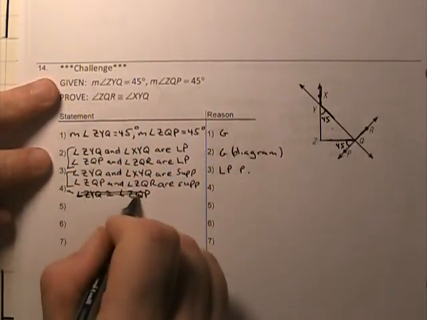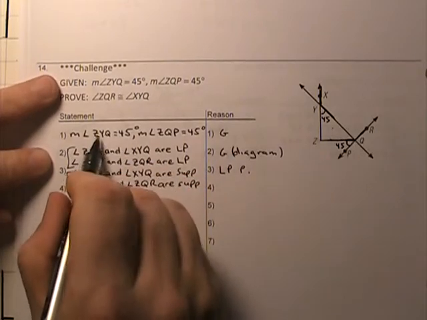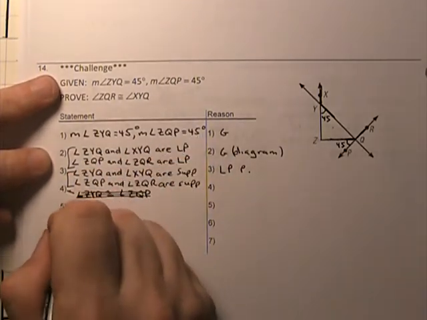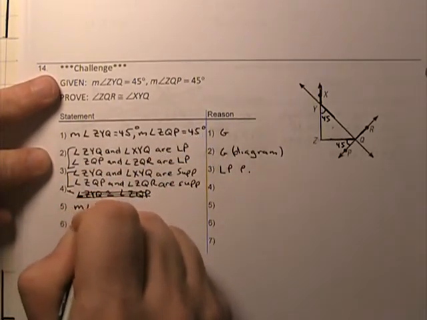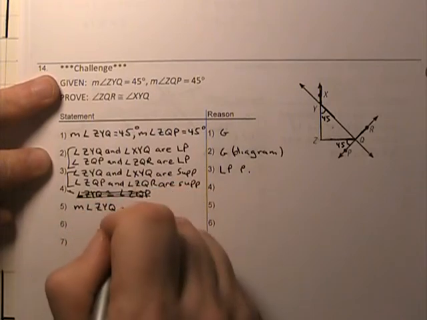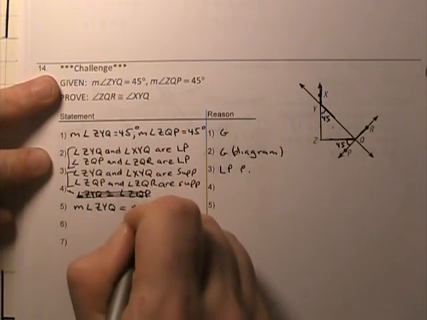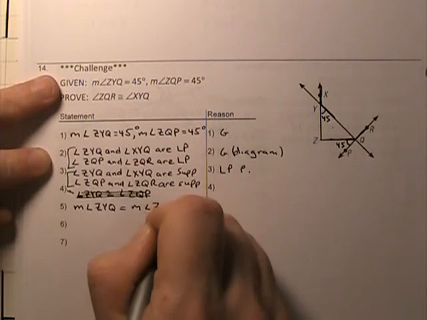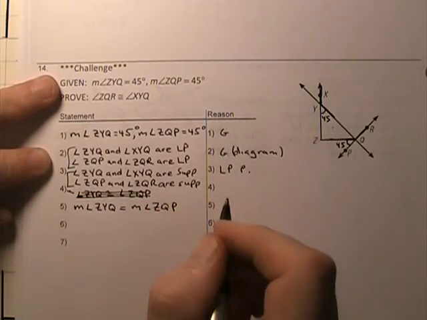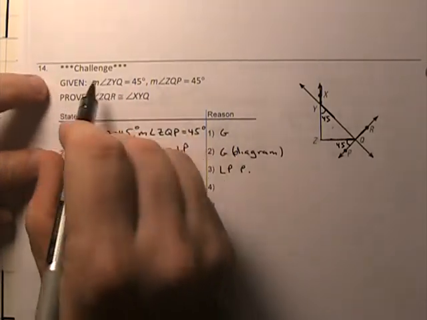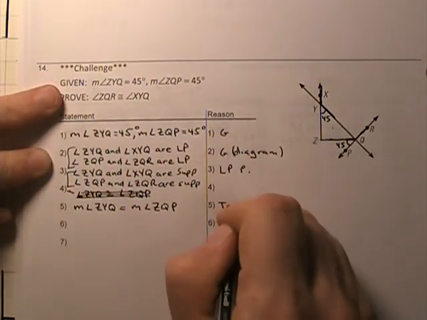Skip that step. Because first I have to show that their measures are equal. So I can say that the measure of angle ZYQ is equal to the measure of angle ZQP, and that's just the transitive property.